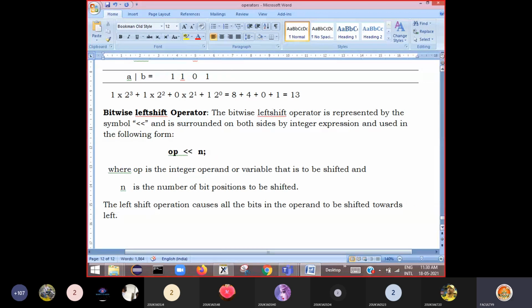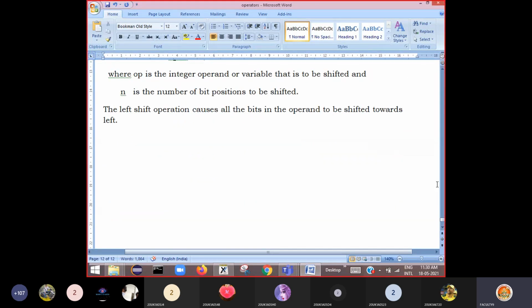It moves all the bits in the operand towards the left. That is the purpose of using this left shift operator.